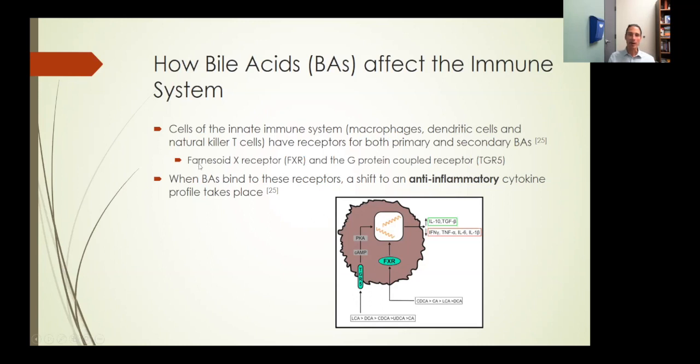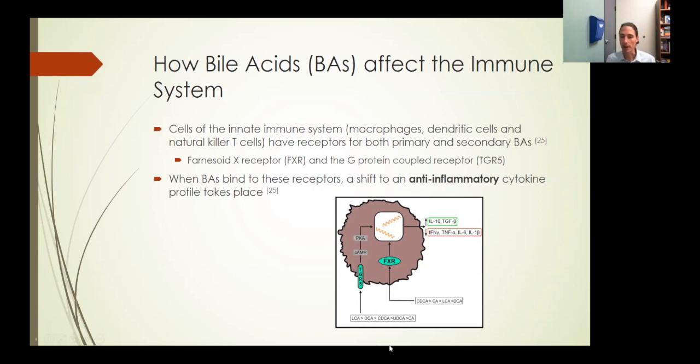This stands for farnesoid X receptor, that's the FXR, and the G protein coupled receptor. This is actually a Takeda G protein receptor. When bile acids bind to these receptors, they promote an anti-inflammatory response. There's a shift to downregulate the inflammatory cytokines.